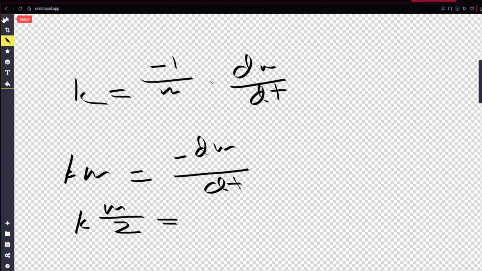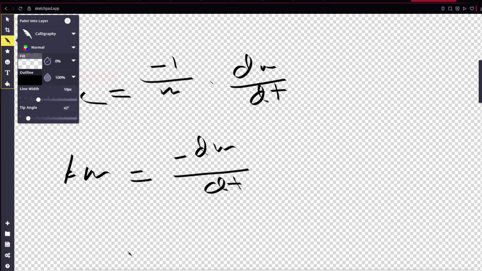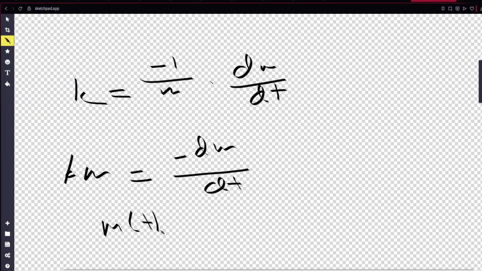But to do so, we're not going to use this equation here. We're going to model it with m of t, which is just going to be m0 e to the negative kt, because again, km is equal to negative dm over dt, and using some logic, you can extrapolate this equation out of that.